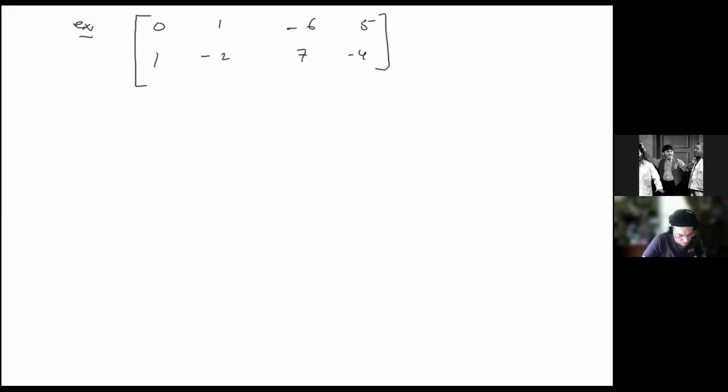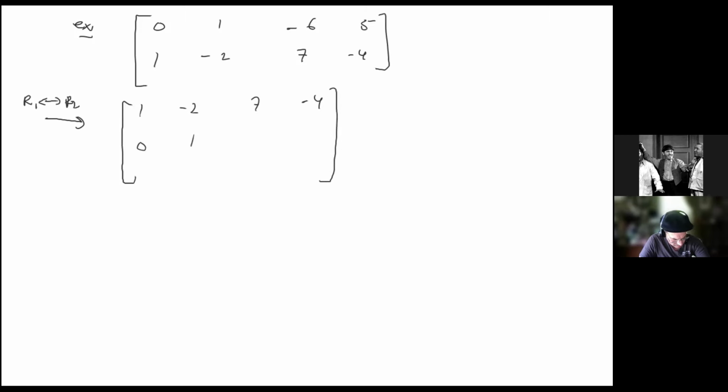That's step 1. And then I switch the rows so I can get the non-zero entry in that column to the top. So I'm going to apply the row operation which exchanges row 1 with row 2. That means I get 1, -2, 7, -4, and then 0, 1, -6, 5.